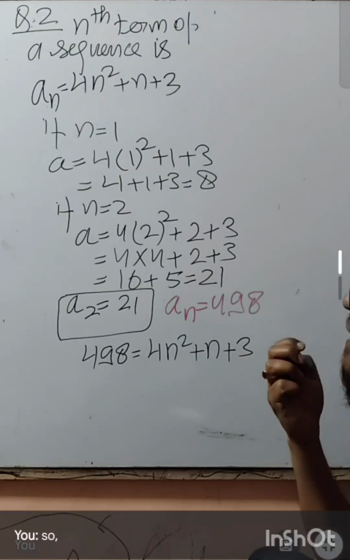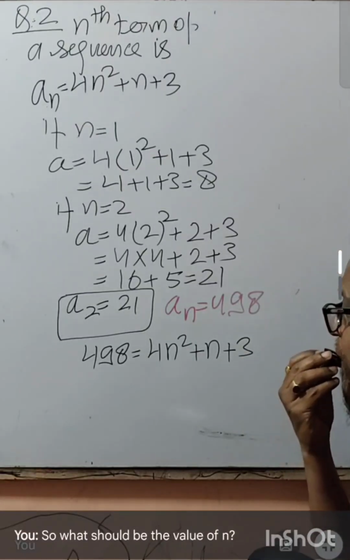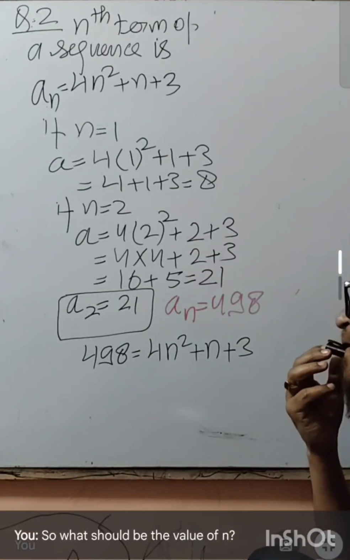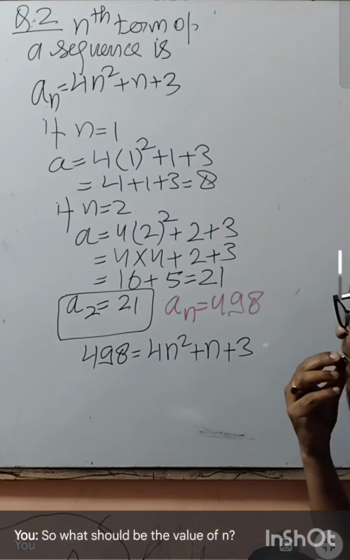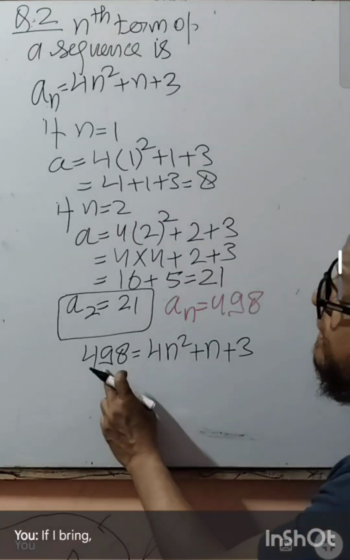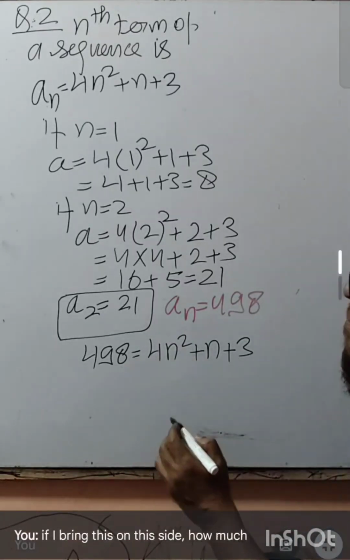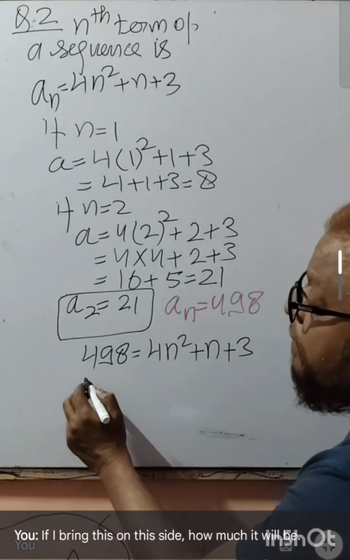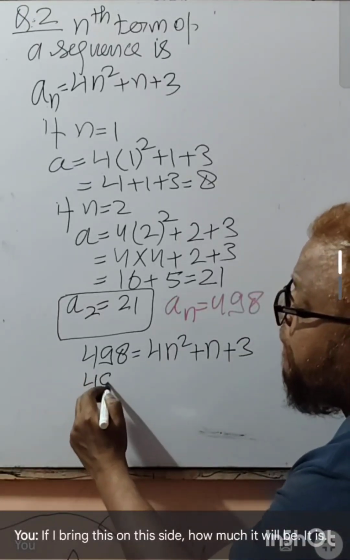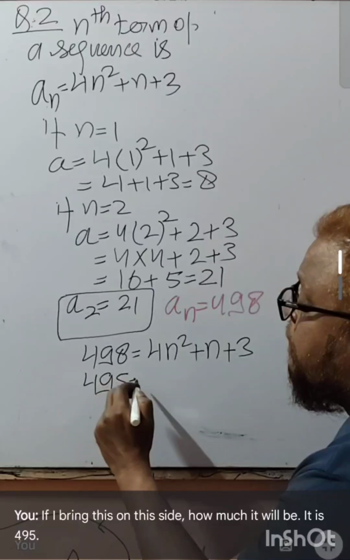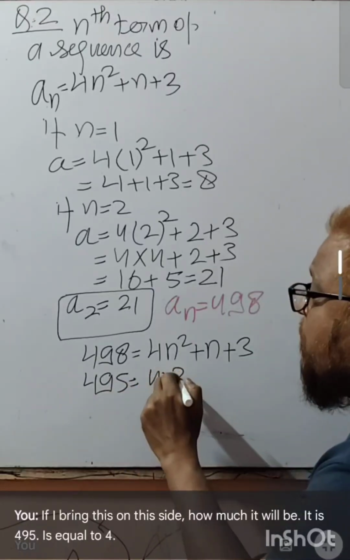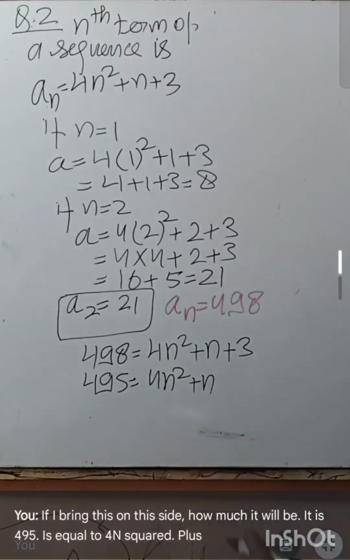So what should be the value of n? If I bring this on this side, how much it will be? It is 495 is equal to 4n squared plus n, right?